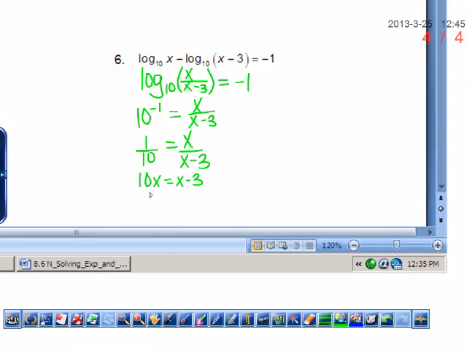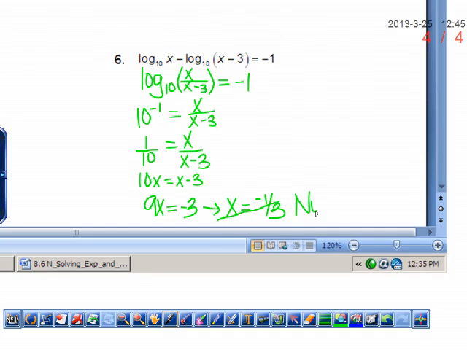Subtract our x. So 9x equals -3. What does x equal? -1/3. Check your original arguments. If you plug in -1/3, will you have positive arguments? No. So my answer doesn't work.